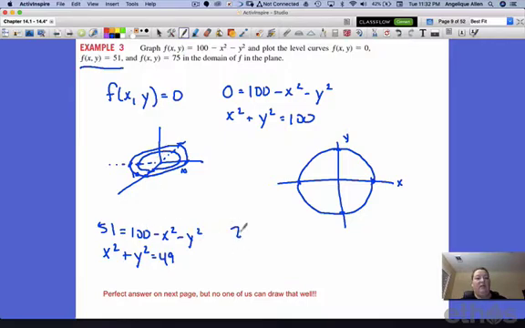And then if we do 75 equals 100 minus x squared minus y squared, we're going to end up with a circle of radius 5. So we would have a smaller circle in here. All right, and if we translate these over here, that would be 7, circle there.